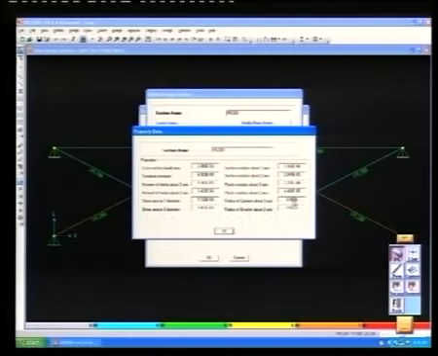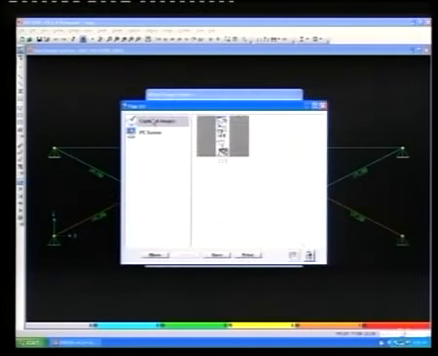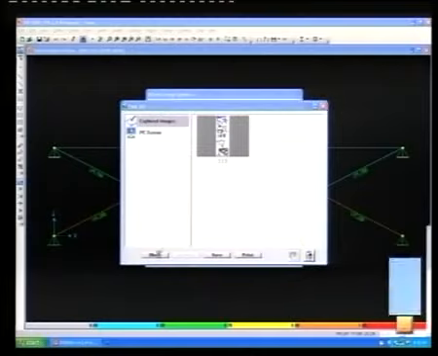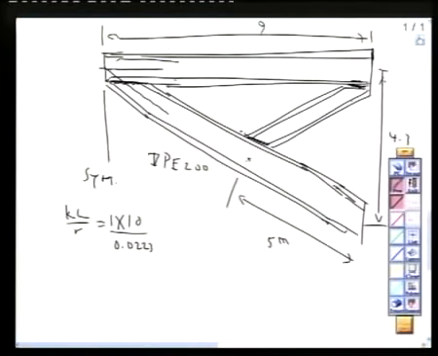Remember, rx how much? 0.0826. We will come to it now. So 0.0826. Now, if you put KL over r, 1 by 10 over this, we will get 448.